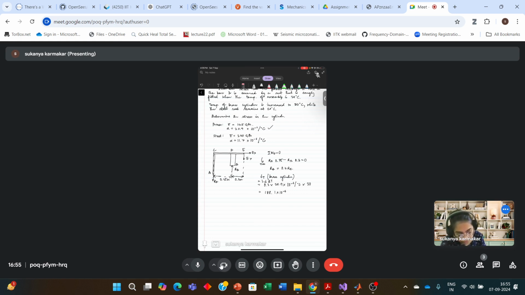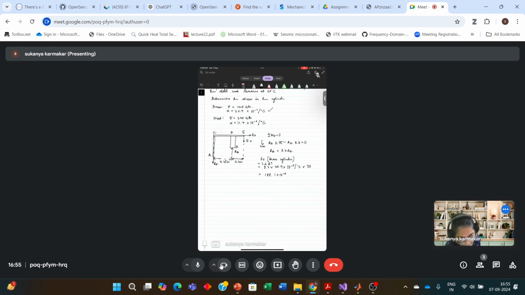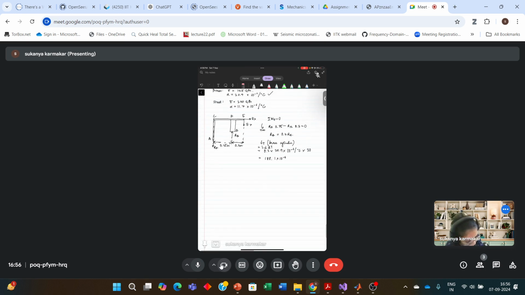Now, if there is an increase in the length of the brass cylinder, let me first draw the diagram when my support at B is removed. So the system will look like this, let me draw this.